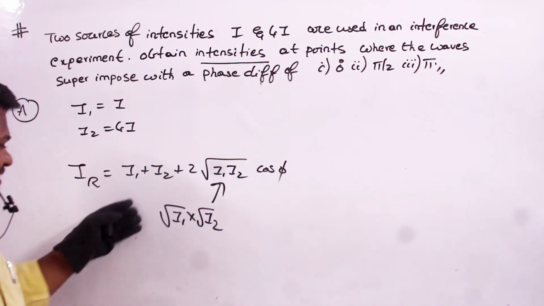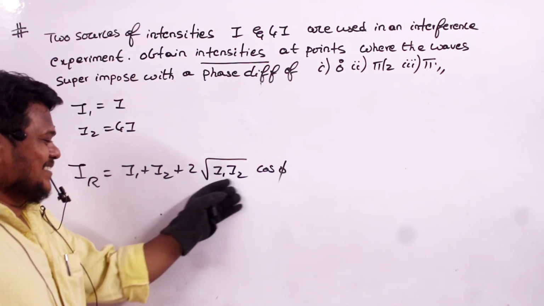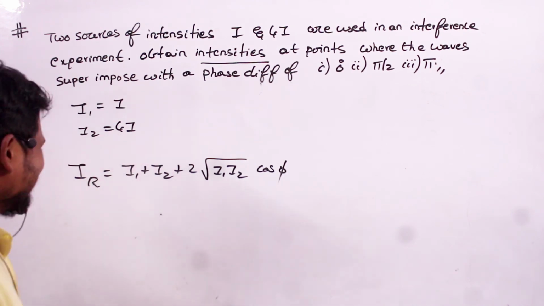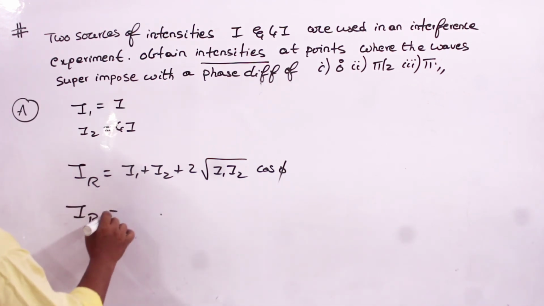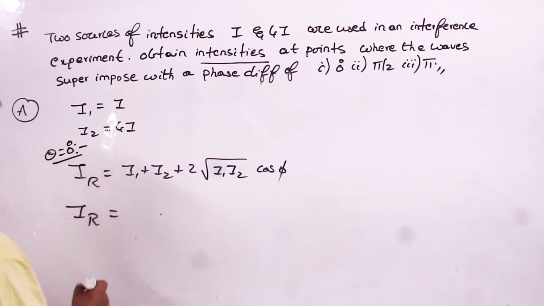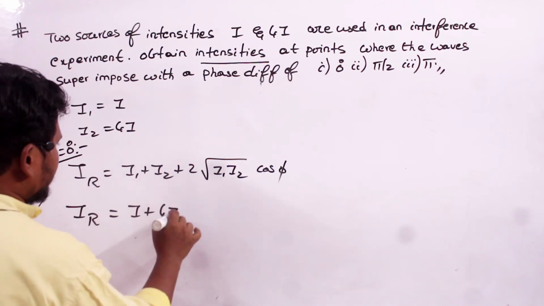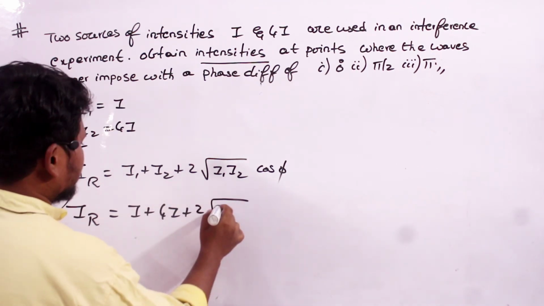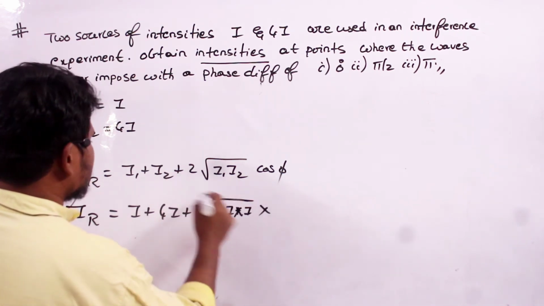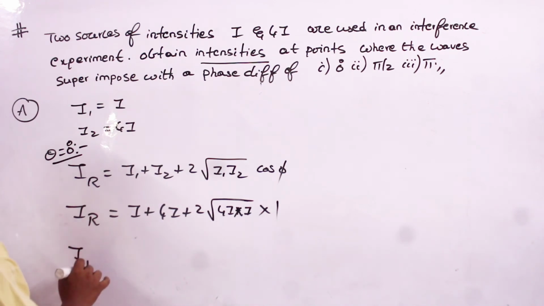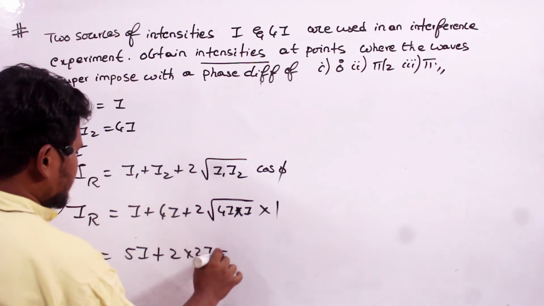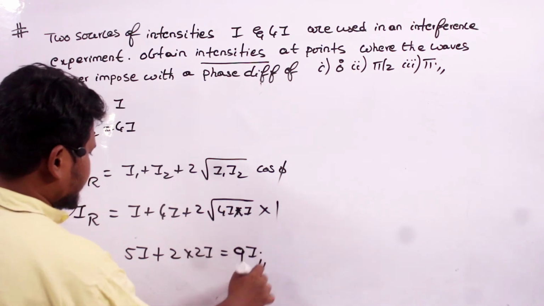So IR is equal to, first take the angle theta equal to 0 degrees. So I + 4I + 2 into root of 4I into I, multiplied by cos 0, whose value is 1. Clear, no? So that is 5I + 2 into 2I. So it is 9I. That is our answer.